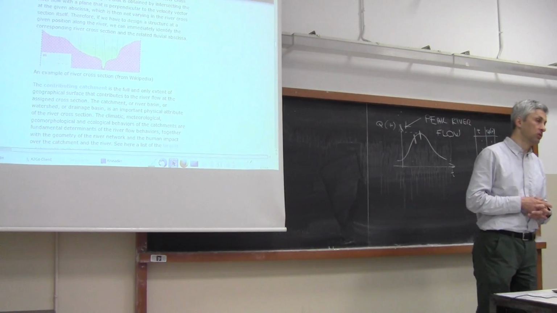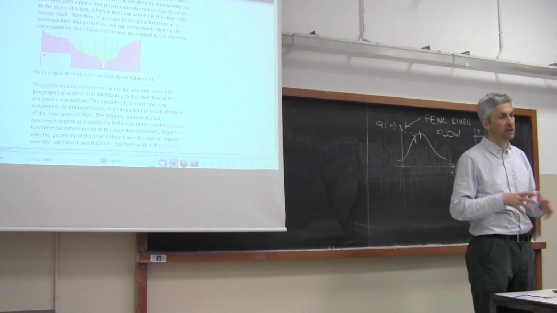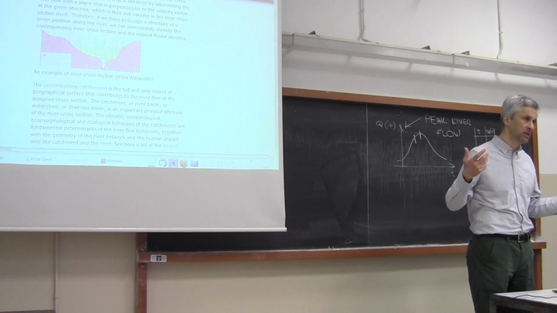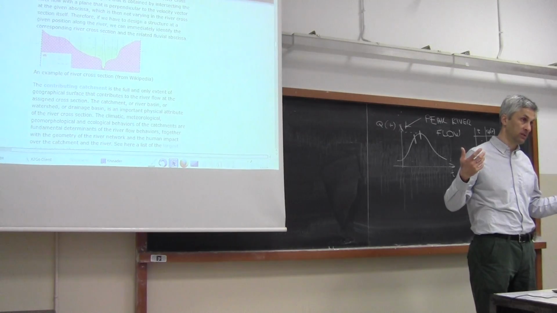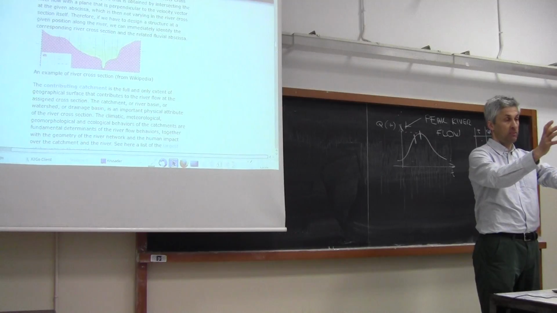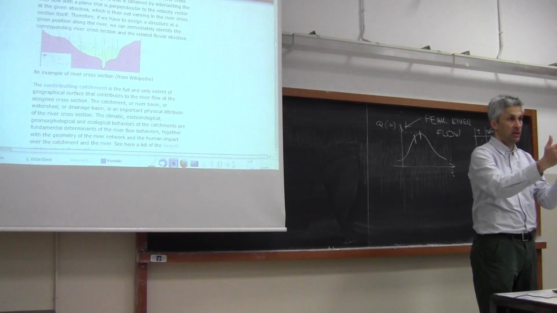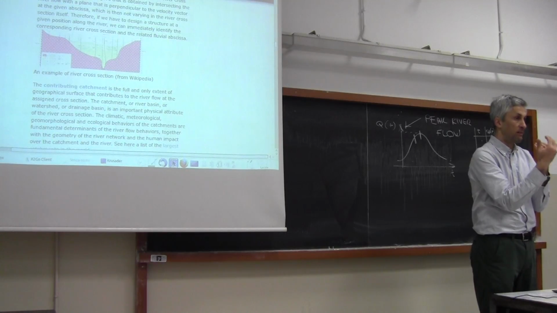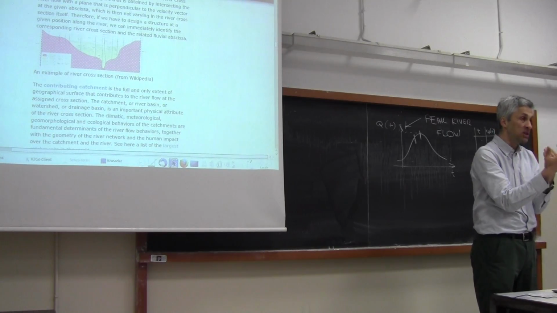So there is a rule of thumb for big rivers. Big rivers are also less spatially varying. You can understand that. If you look at the Danube River, you see that the geometry doesn't change in a short spatial step. If you look at a mountain river, you see big changes.